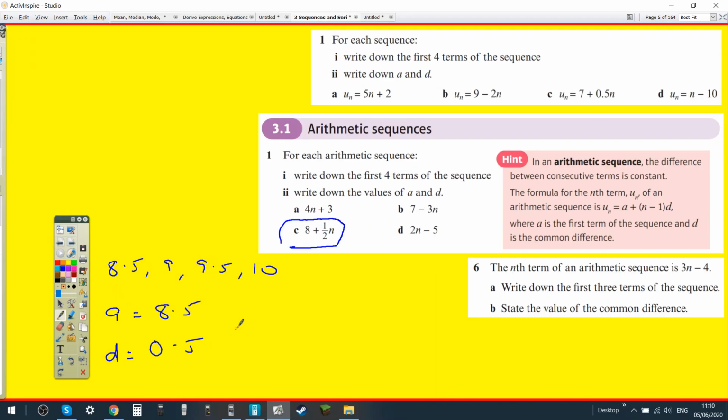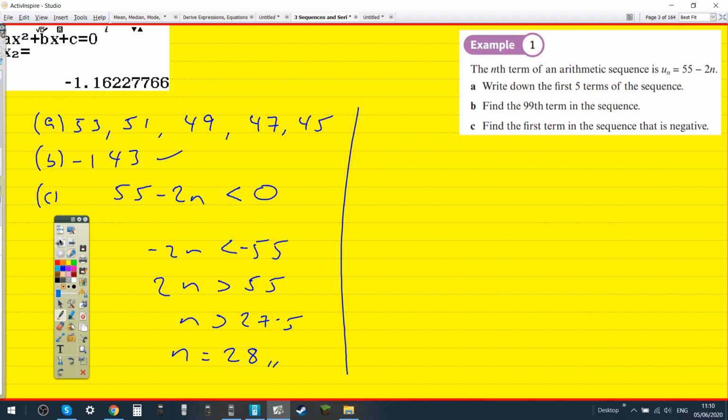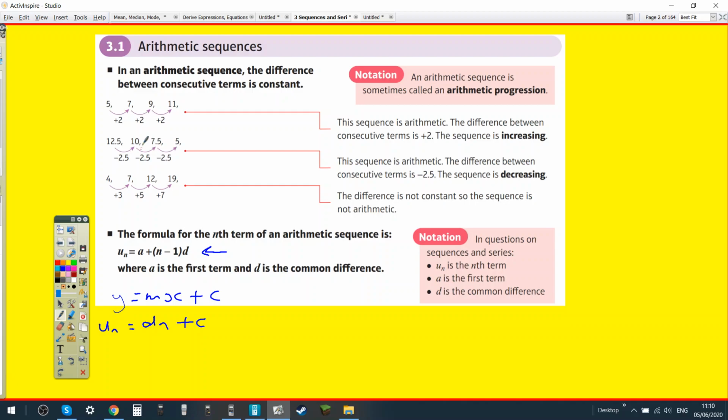And so what is the nth term for that sequence? 8 plus half n. I believe it is 8 plus n minus 1 times a half. Yeah, A plus n minus 1 D. Did they say that's equal to un?